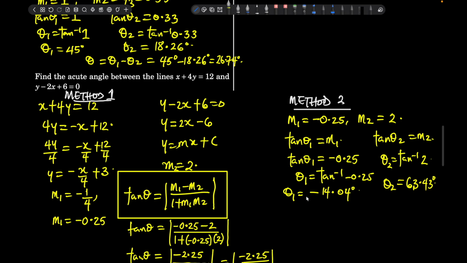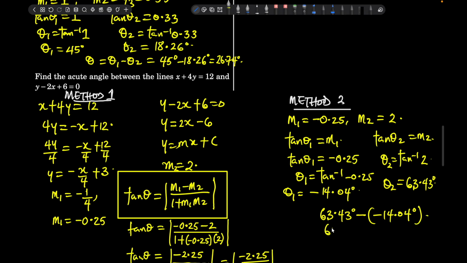Now, because one is negative and one is positive, I will advise you to put the positive first, 63.43 degrees. Then the negative should follow. But you know that there is always a difference. It's always theta 1 minus theta 2. Okay, so minus 14.04 degrees.